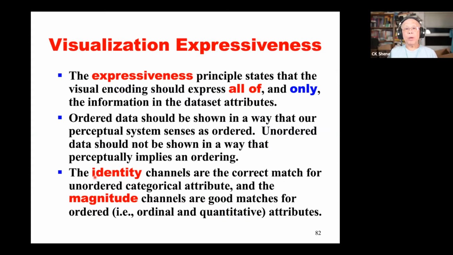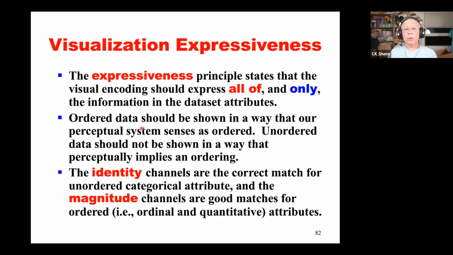The expressiveness principle states that the visual encoding, that is your graphics, should express all of and only the information in the dataset attribute. In other words, your graphics must say everything available in the dataset, and you can only say those things in the dataset. You should not add, you should not miss something.